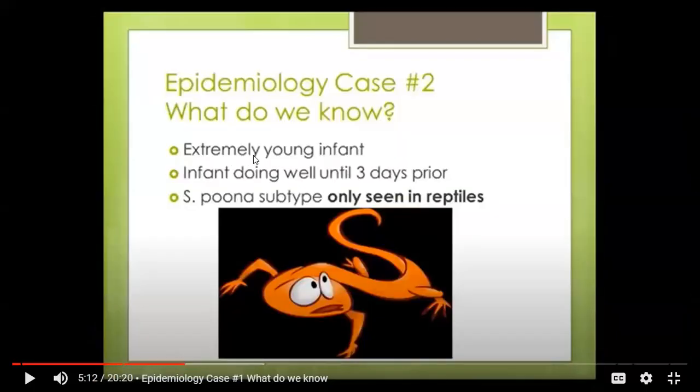And next, the extremely young infant, only 2 weeks old, was doing well until 3 days prior. And also they found this Salmonella puna subtype is only seen in reptiles.